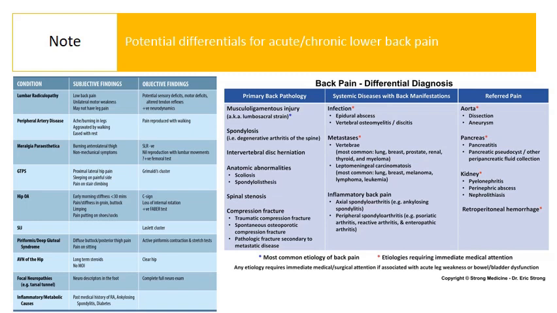Commonly in people with certain cancers, you get metastasis to the vertebrae, commonly seen in lung, breast, prostate, renal, and other cancers. You also get leptomeningeal carcinoma. Leptomeninges is the covering of the spinal cord, and this is also seen from metastasis from the lung, breast, melanoma, lymphoma, and leukemia.